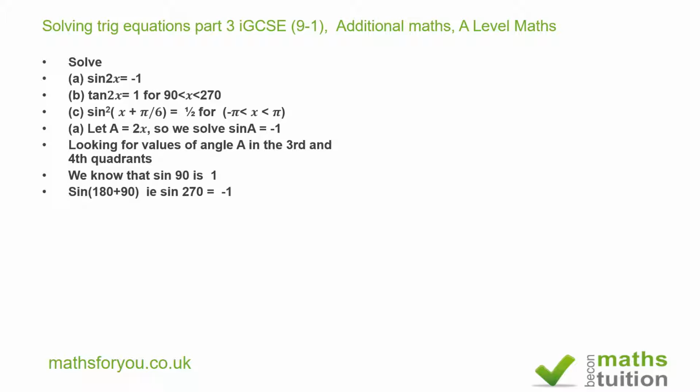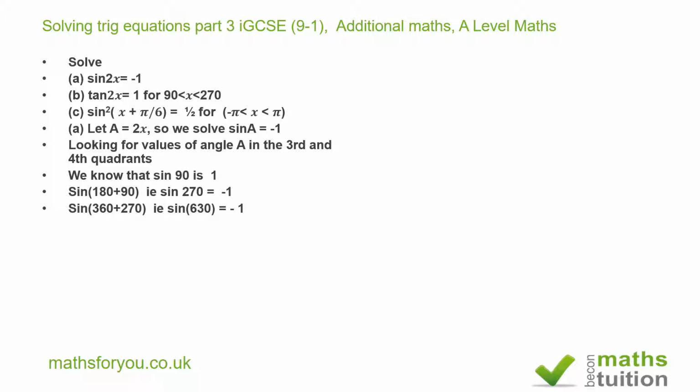And because the sine circle repeats itself every 360 degrees, we'll expect the next value will be 360 plus 270, and that gives us a value of 630 degrees. So sine 630 degrees is minus 1.